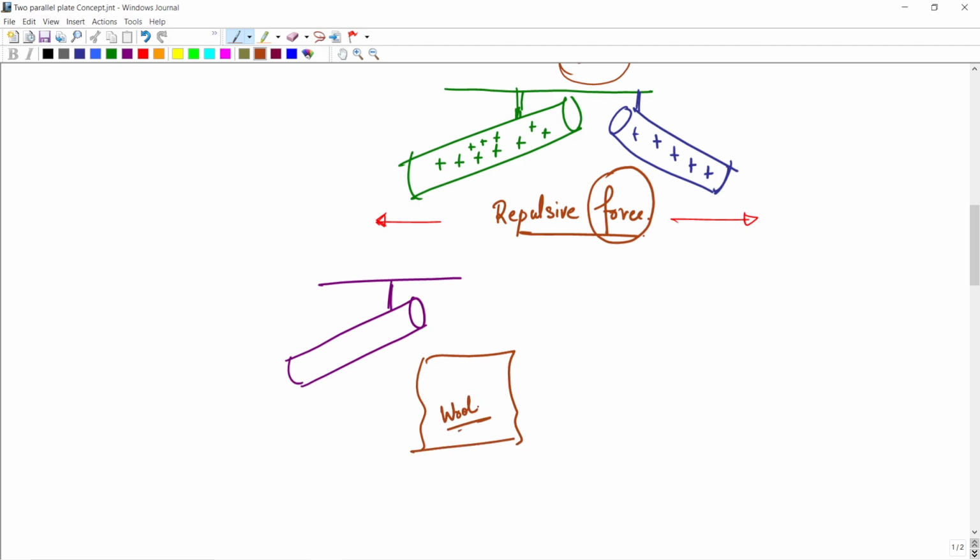Okay, woolen cloth. After rubbing, the plastic rod gains all negative charge because plastic has higher electron affinity than wool.